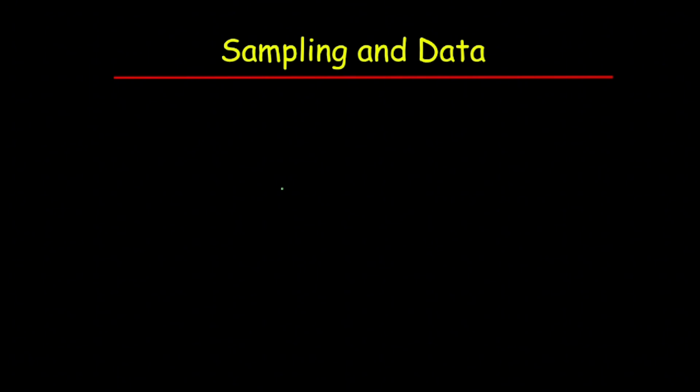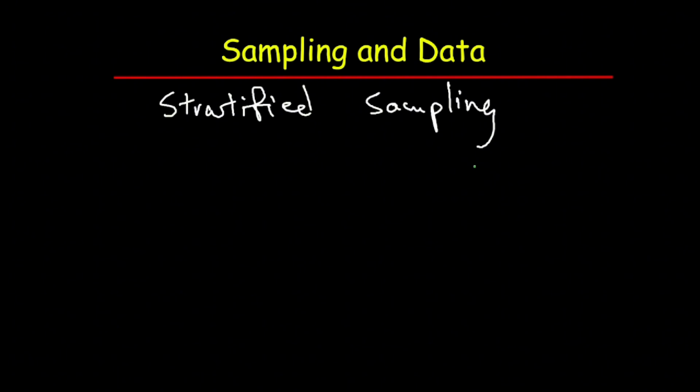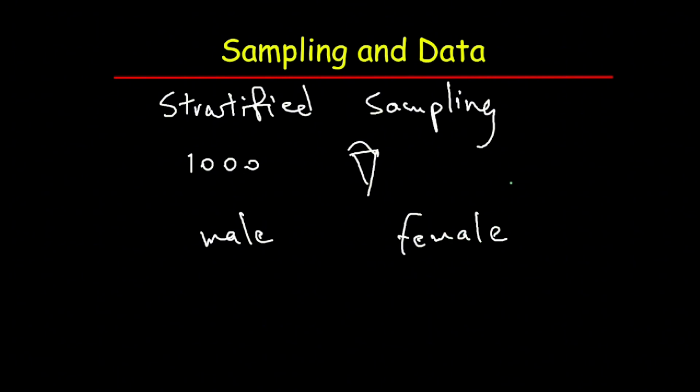The next type of sampling is stratified sampling. And this type of sampling basically means you're going to separate the population into subgroups. So for example, I might separate the school into two groups, males and females. Then I would pick samples from each group.